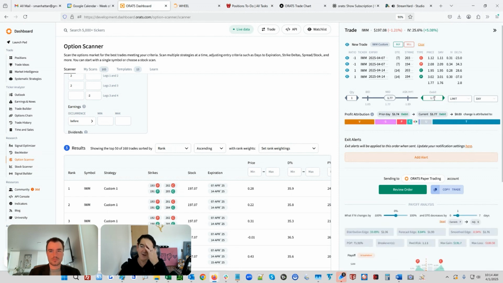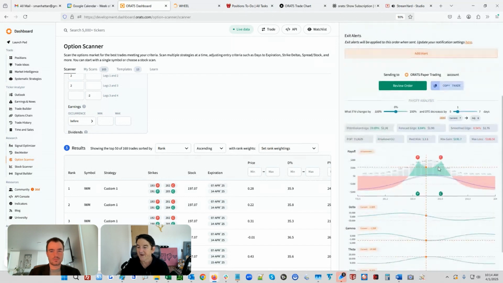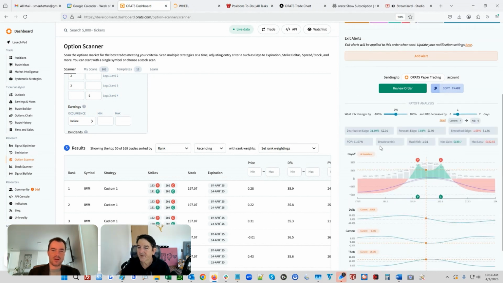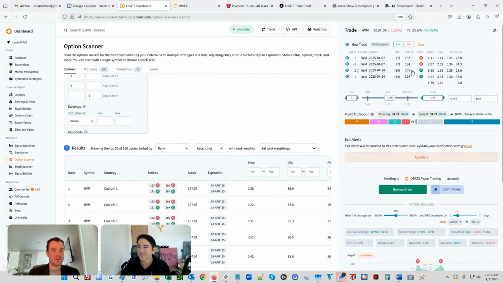Instead of paying $1.77, and you don't get a lot for that. Their profit's a little bit higher, but it's pretty similar. Yeah, you're basically stretching your green area, your area of profitability, basically your probability of profit, while reducing your risk reward.